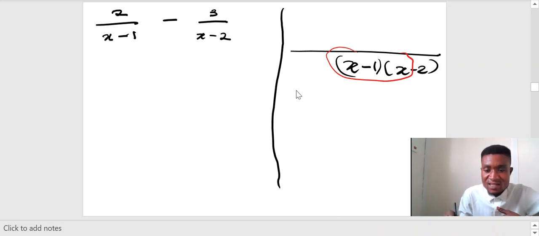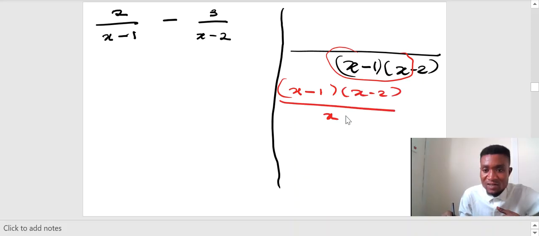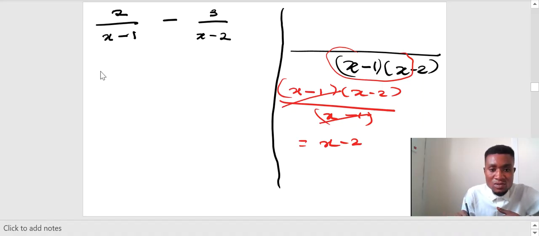So when you divide, you are going to be having x minus 1, x minus 2 divided by x minus 1. Definitely this will cancel out this, so you will be left with what? x minus 2. Multiply the numerator 2 by what is remaining, so you have 2 times x minus 2.